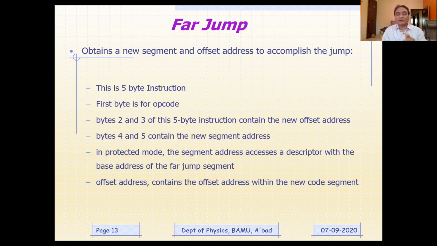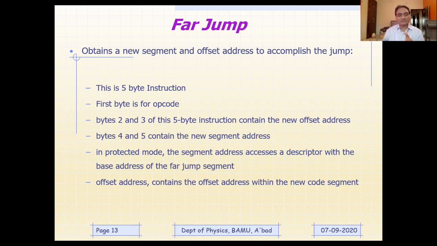Whereas in far jump, what happens now? This is a 5-byte instruction. Out of this, 1 byte is going to be reserved for opcode. The remaining bytes, byte 2 and byte 3 of this 5-byte instruction, obtain the new offset address. So out of 5, the second and third byte will be for offset address.